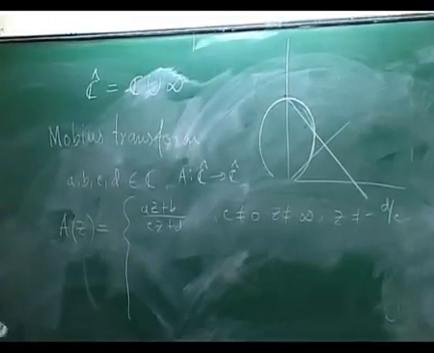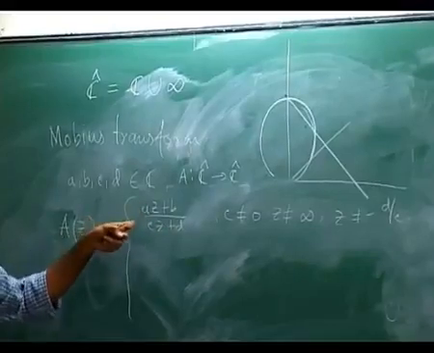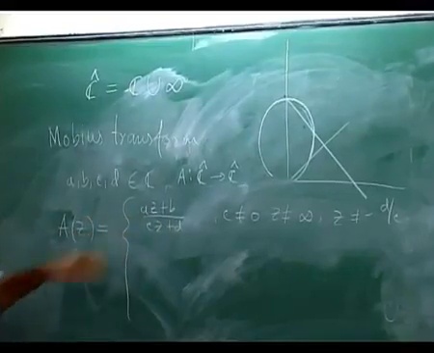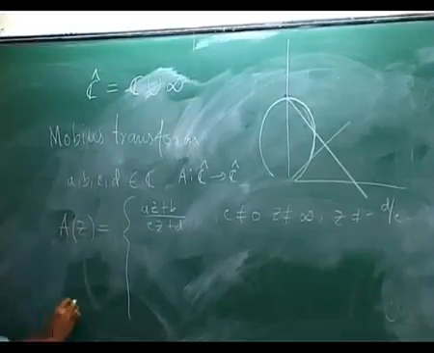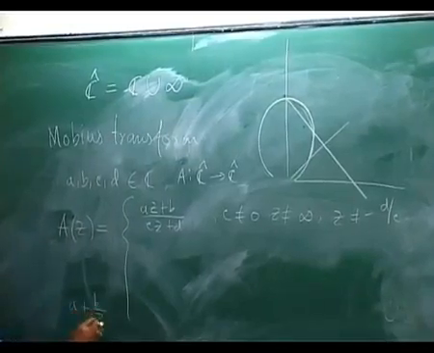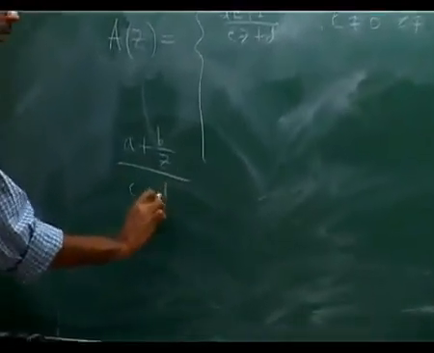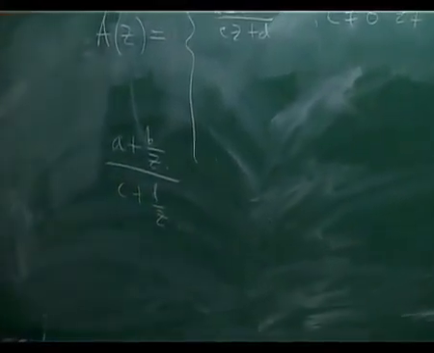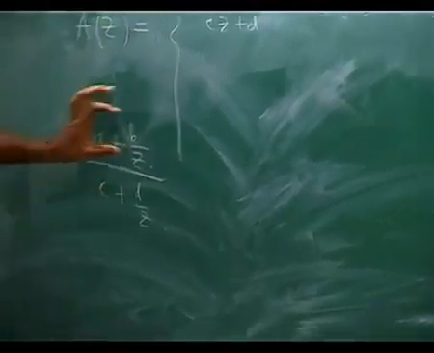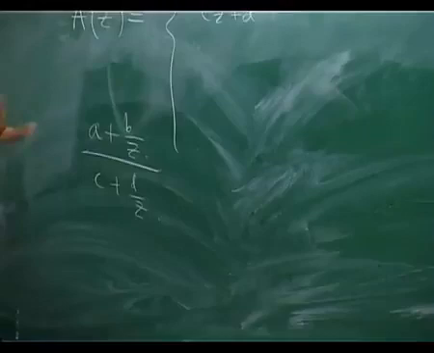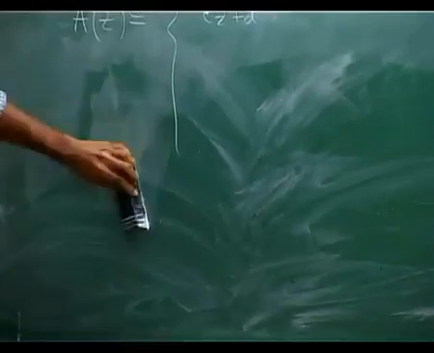So if Z is infinity, then obviously the definition should be A by C, because if you just remove Z, then this is (A plus B by Z) by (C plus D by Z), and if Z goes to infinity, think of just real numbers, this goes to 0, and A by C remains. So it should be A by C.